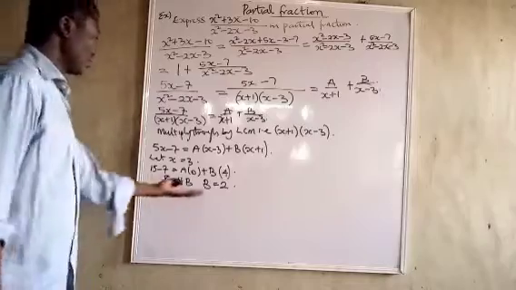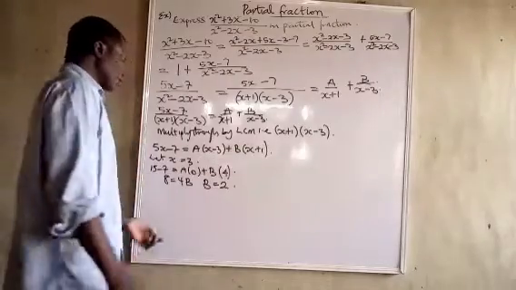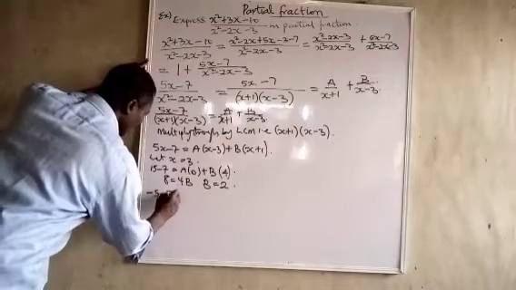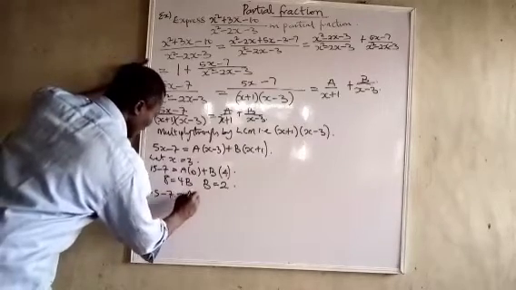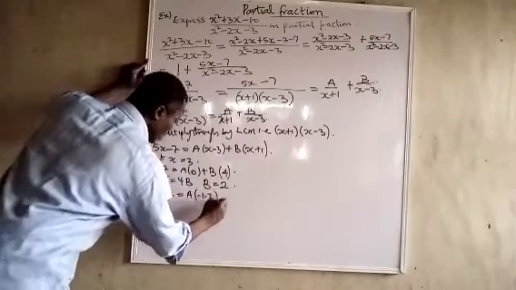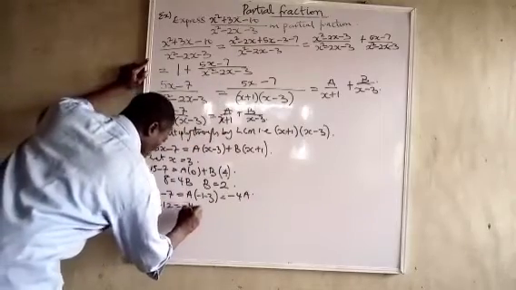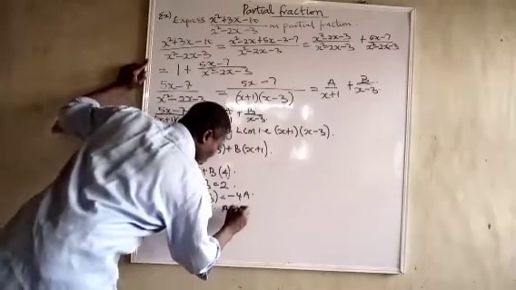And then I can now say x equals minus 1. If x equals minus 1, I have minus 5 minus 7 is equal to A times (minus 1 minus 3), which is minus 4A. That is minus 12 equals minus 4A. Therefore, A equals 3.